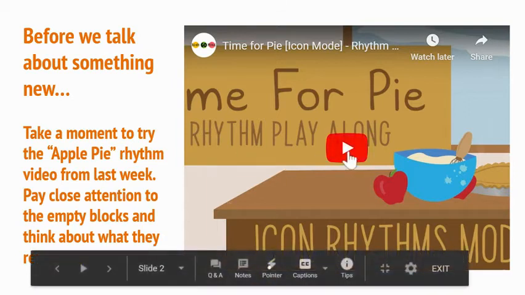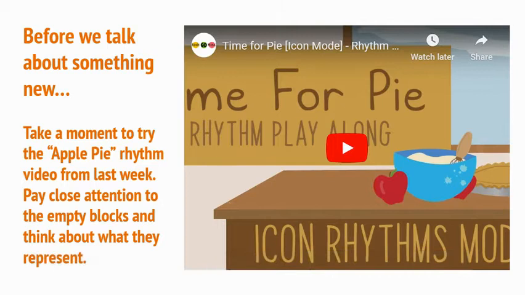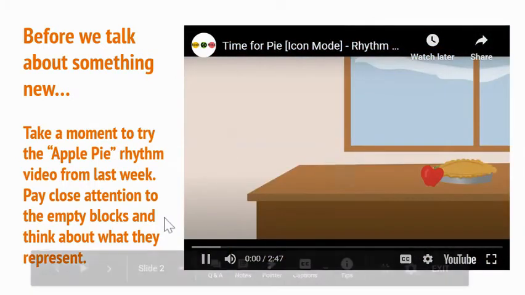If you remember last week, there were occasionally blocks or squares that were empty, and for those we didn't say anything, we were just silent for a beat. So just to refresh everyone's memory, here we go.